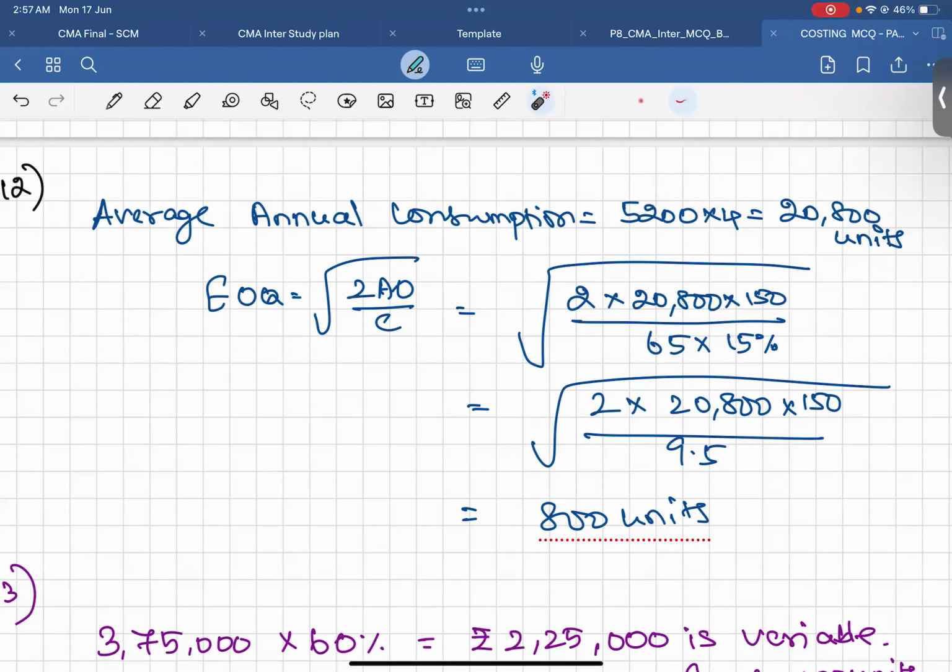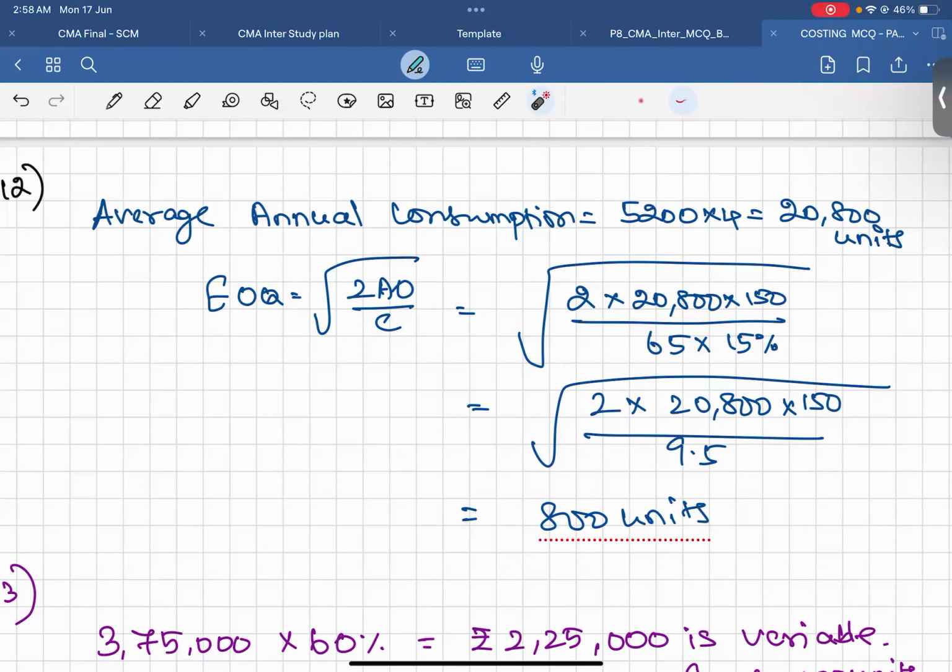That is 20,800 units. EOQ is root of 2 into 20,800 into 150 divided by 65 into 15 percent. Why 65 into 15 percent? Because C is the carrying cost per unit per annum. Remember it: carrying cost for 1 unit for 1 year. That is root of 2 into 20,800 into 150 divided by 9.75.